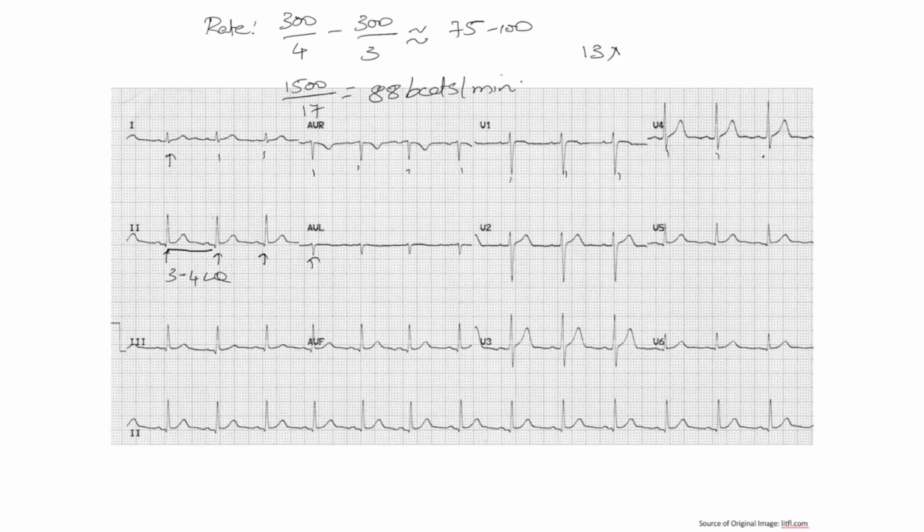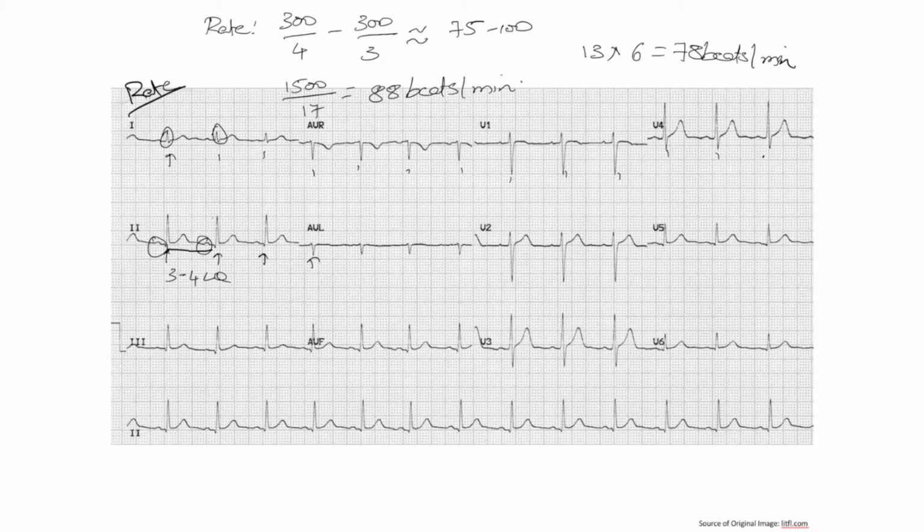So if you had to estimate the number in a minute, you would multiply it by 6, and so you would have 78 beats per minute. All right, and that's how you would measure the frequency or the rate of the QRS complexes, and you could do that for the P waves as well.